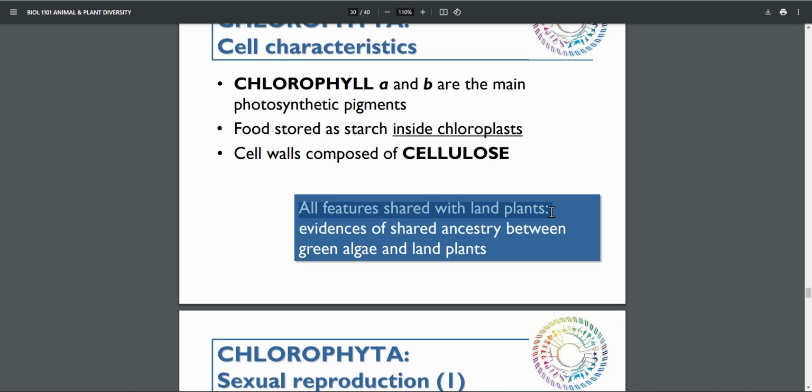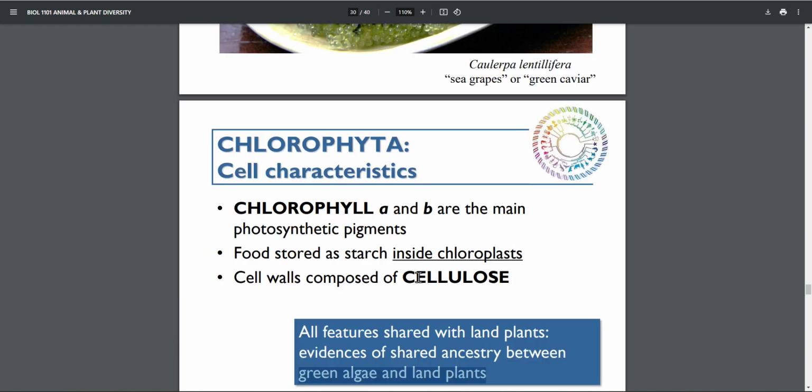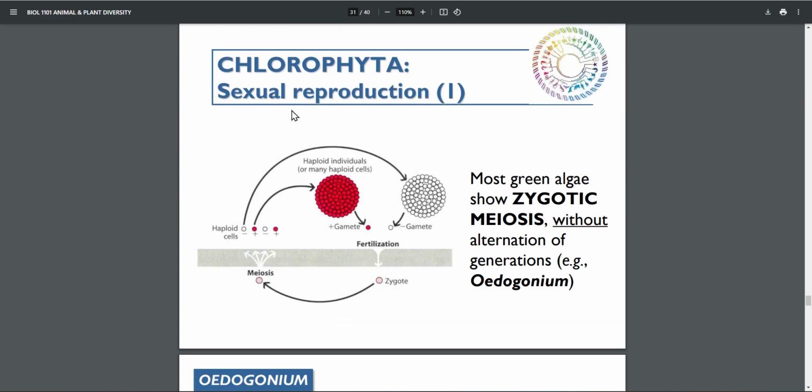These are the features shared with land plants, and that's why there is a shared ancestry between green algae and land plants. Remember this, important.